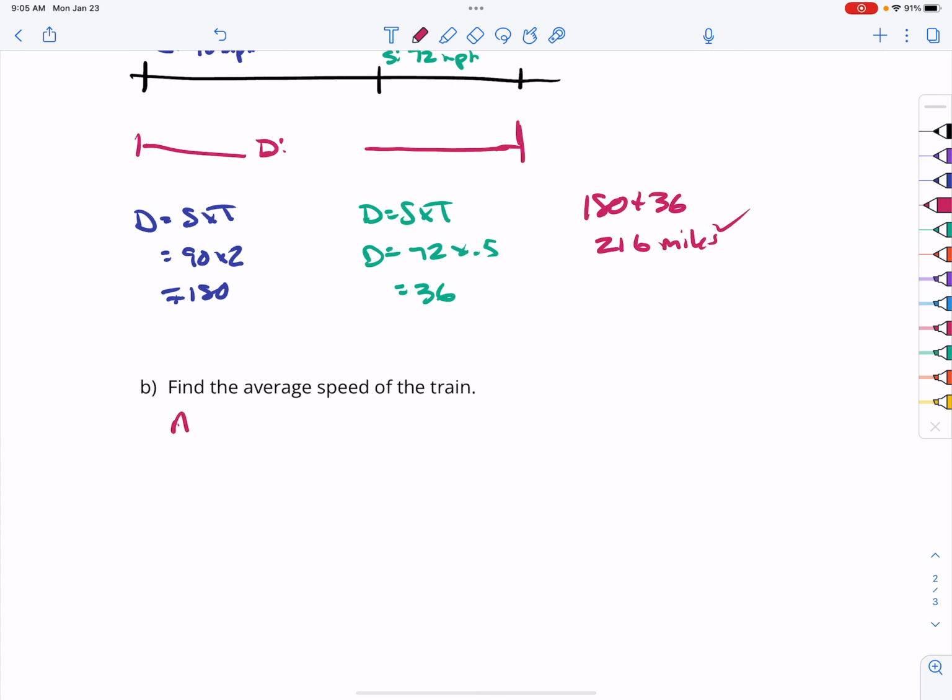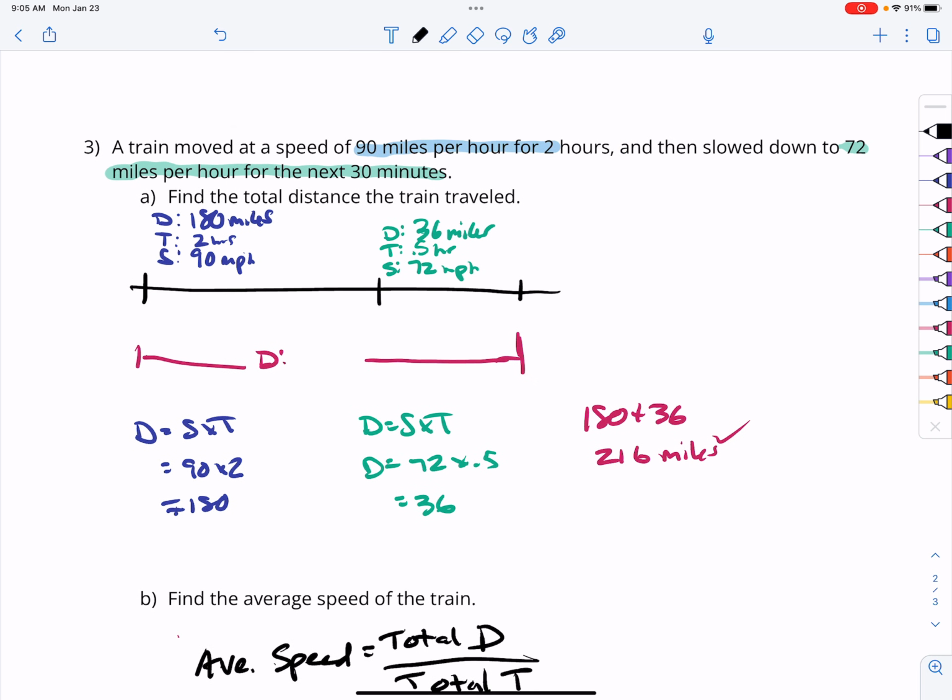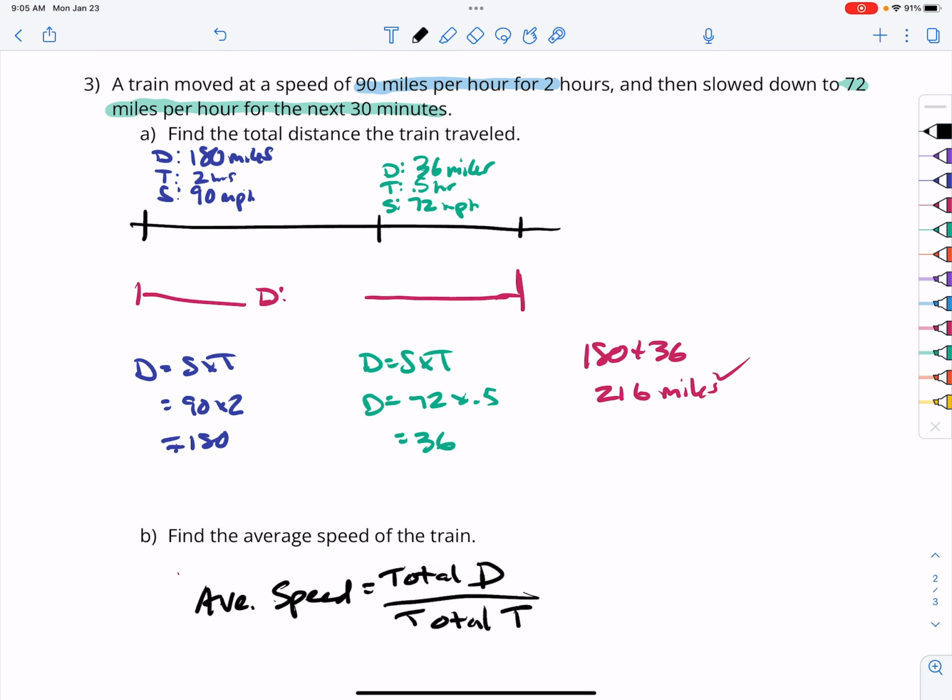So again, average speed is the total distance divided by the total time. Now, I just realized that I have not been giving opportunities to pause the video, but hopefully you've been doing it as we have gone along.